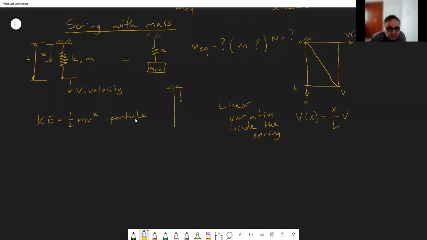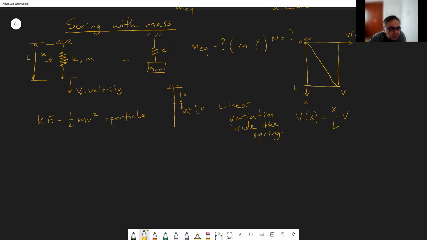If this is x, the velocity here would be x over L times the velocity of the end.